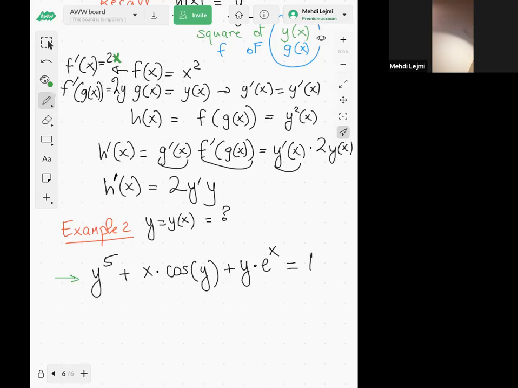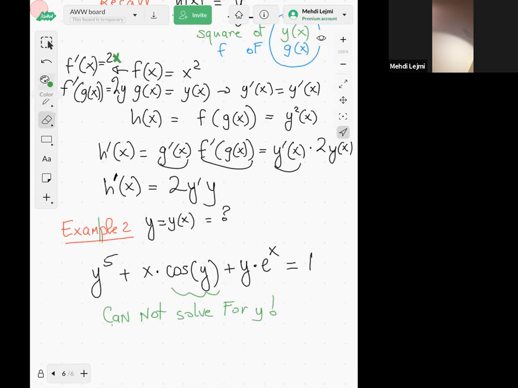Here again, we cannot solve for y because there's a cosine of y, and there's this y to the power 5, etc. So even if you try, you cannot solve for y anyway. However, I want to compute the derivative.